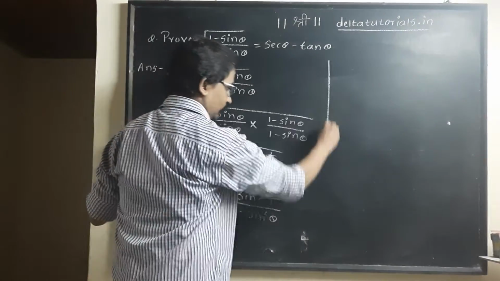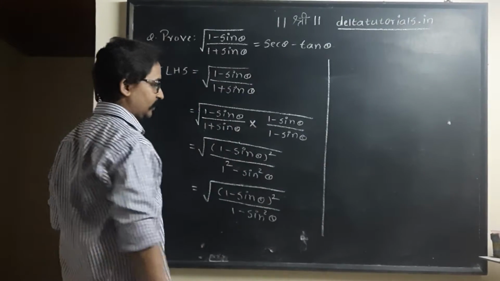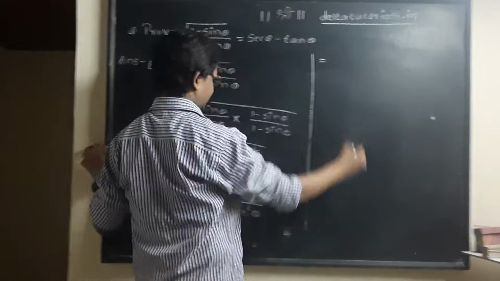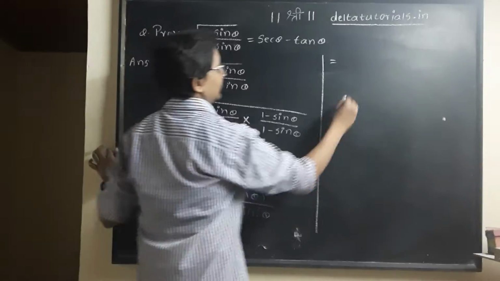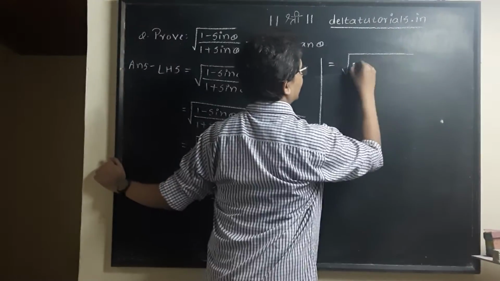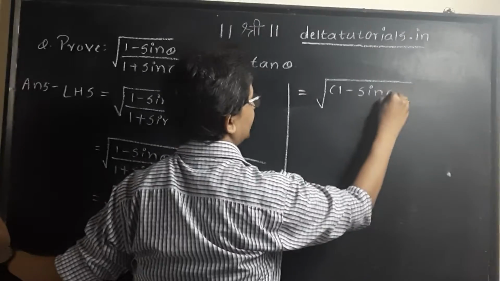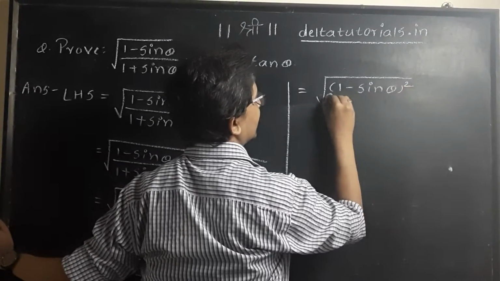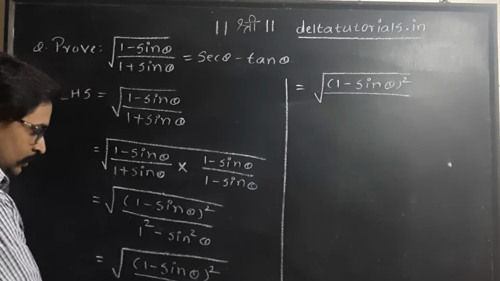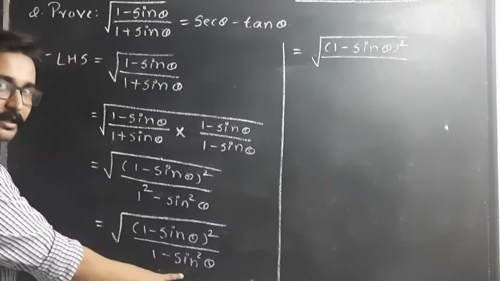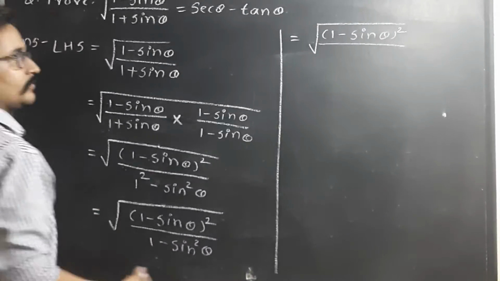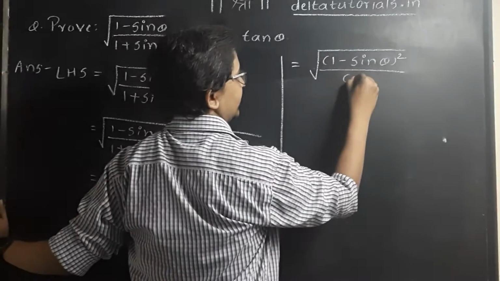So furthermore, let's shift to this side of the problem. Equal to, under the square root, 1 minus sine theta, its square, upon this 1 minus sine square theta. Its answer is cos square theta as per the trigonometric identity.